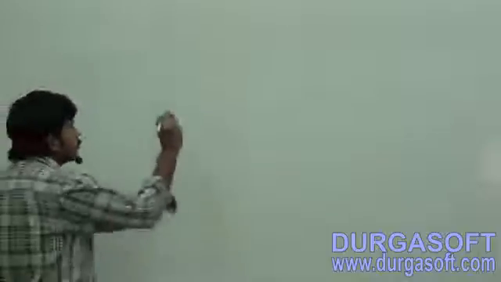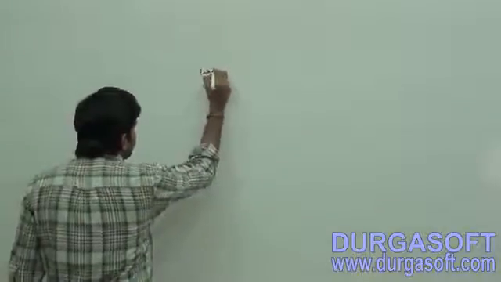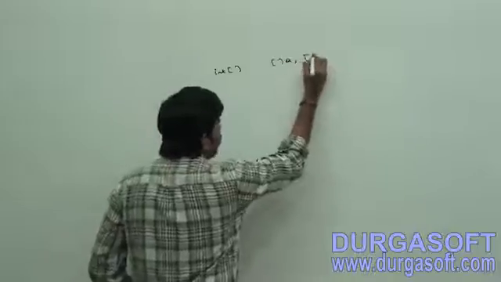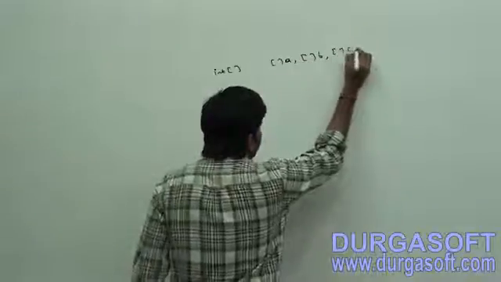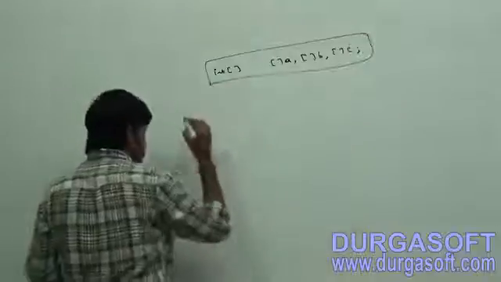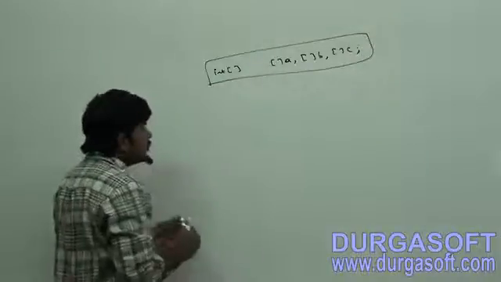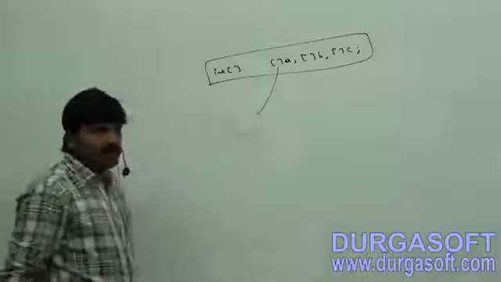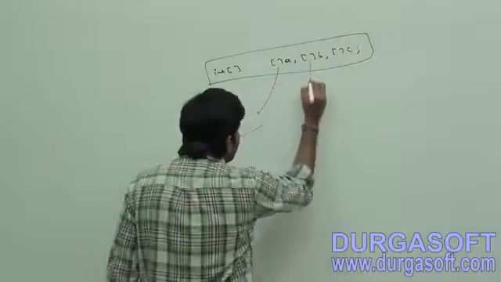Okay, so just int array a, b, c like this I'm taking. Sir, can you tell, is it valid or not? Valid. Next, is it valid or invalid?